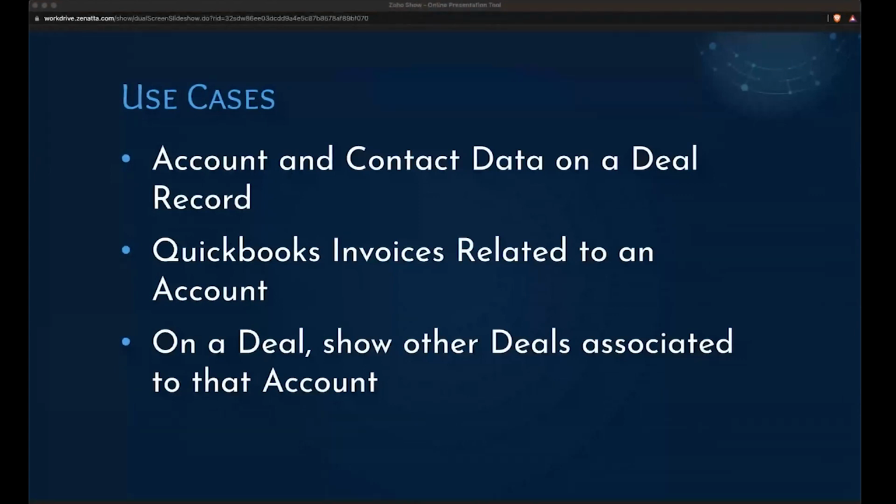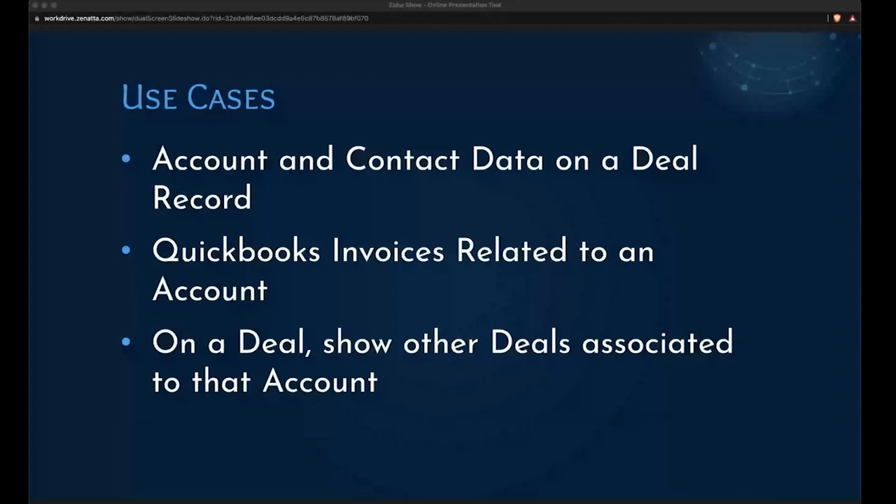Or you could look at QuickBooks invoices related to a specific account, or on a deal, show any other deals associated with the same account. So you can show additional CRM data, show third-party data, or, like in the third use case, CRM data where the relationship isn't easily defined with just workflow rules. So a custom function can get you there better.